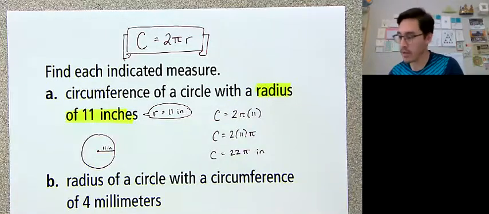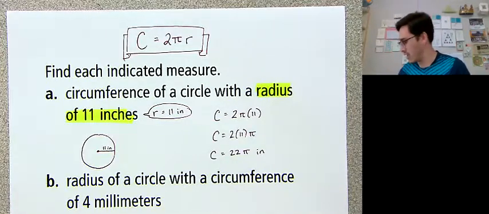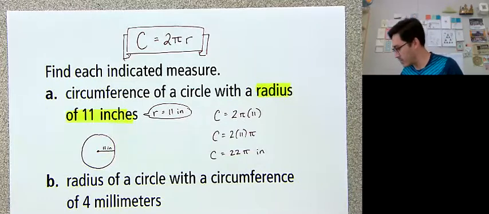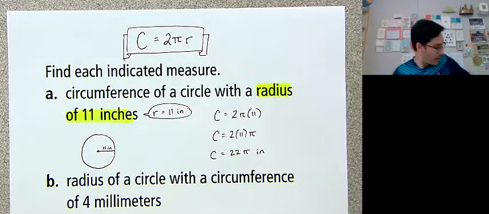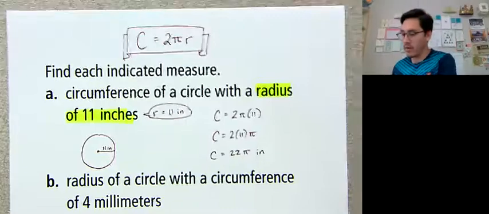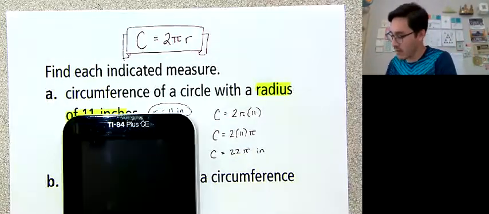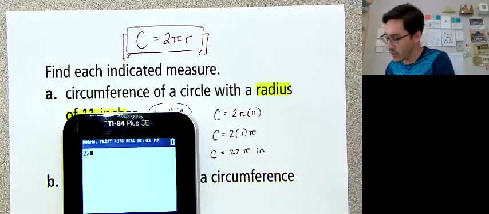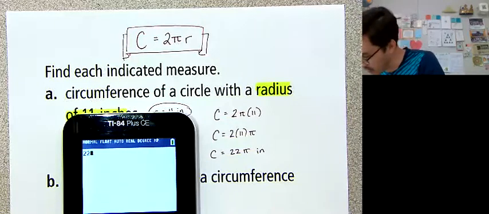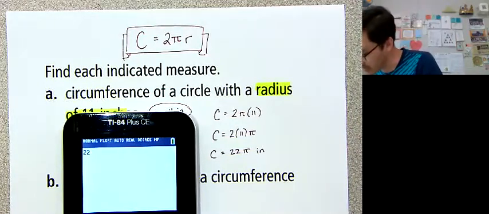And then if we want to estimate this as a decimal value, with this calculator here, we can do 22. Probably should have checked to see where the pi button is on this before I started.